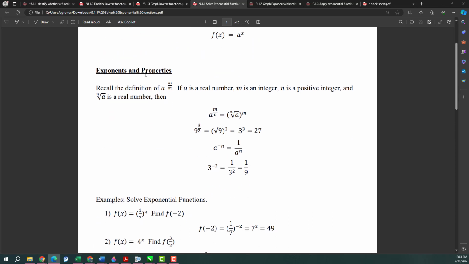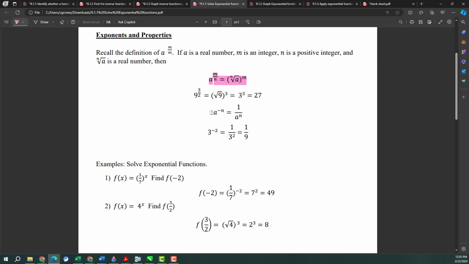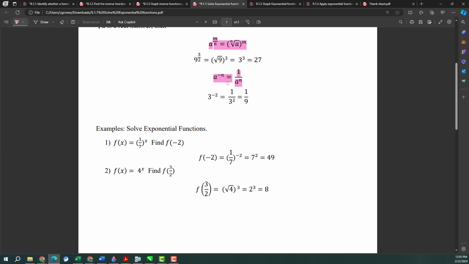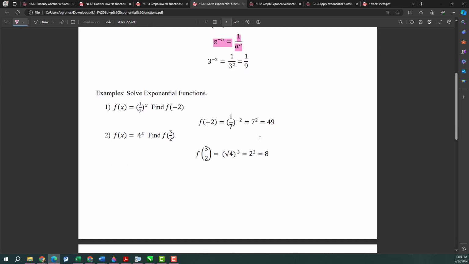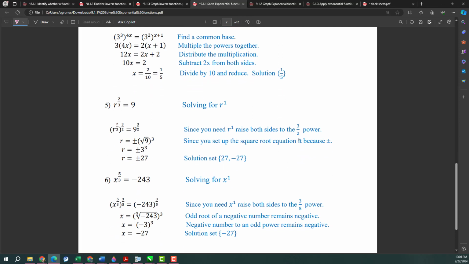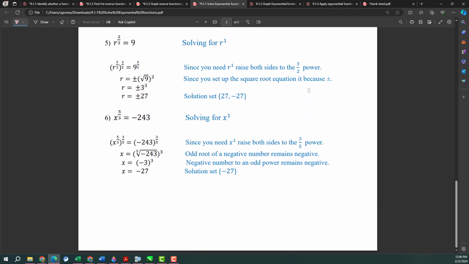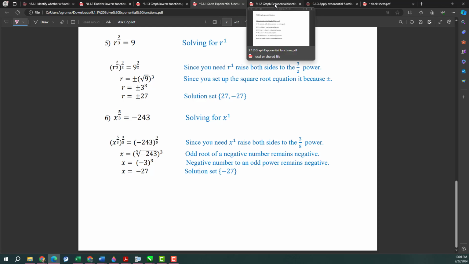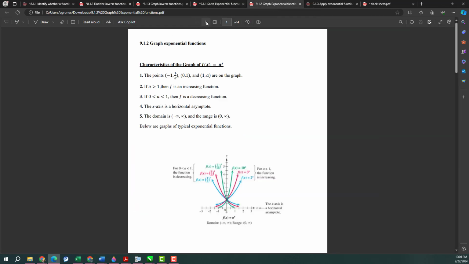It gives us some properties, like a to the negative n equals 1 over a to the n. These are two properties that you're going to be using. There are some examples, and as always, I will look at examples and the homework questions, the questions that you will need to look out for on the test.